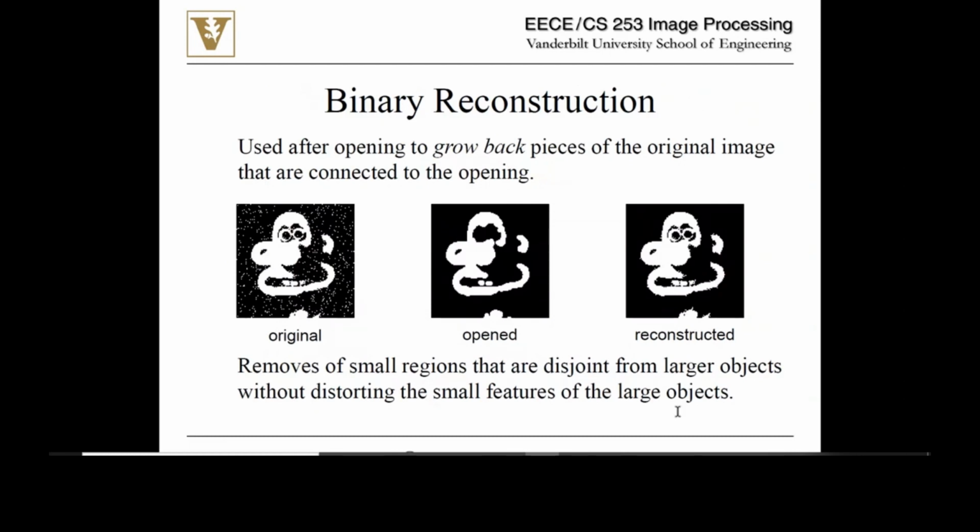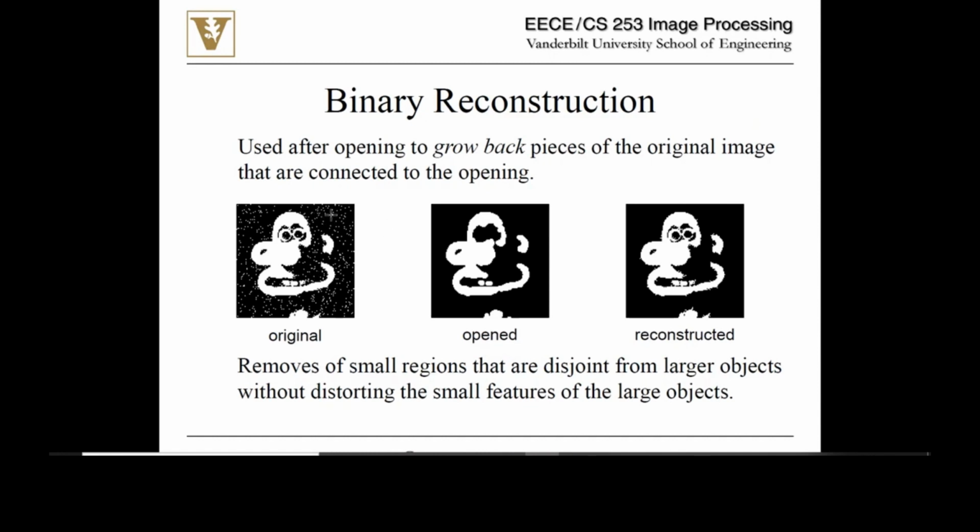This is another application of these operators. So here, let's say that you have this original image where you have a bit of binary noise, and you want to get rid of the noise. And what you can do is an operator that is called binary reconstruction.